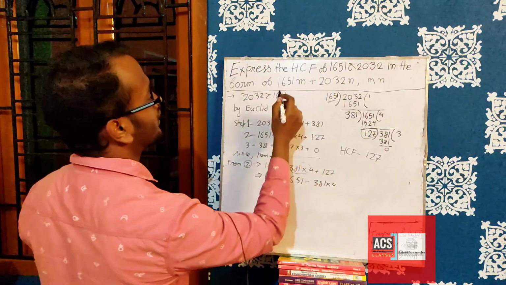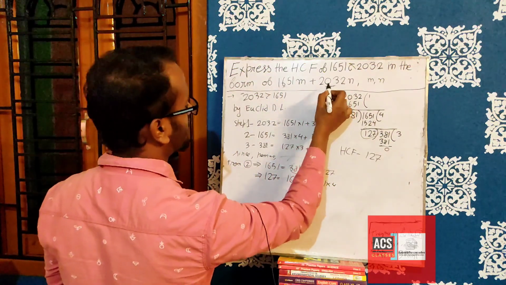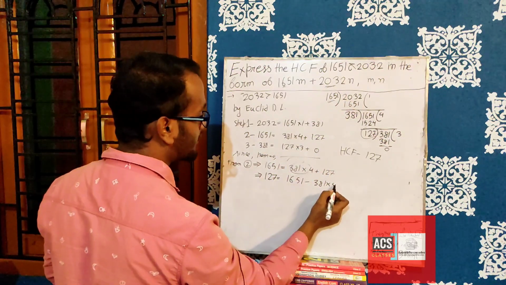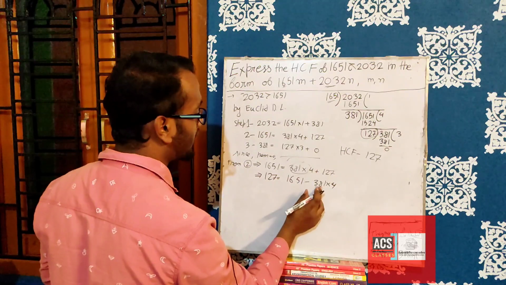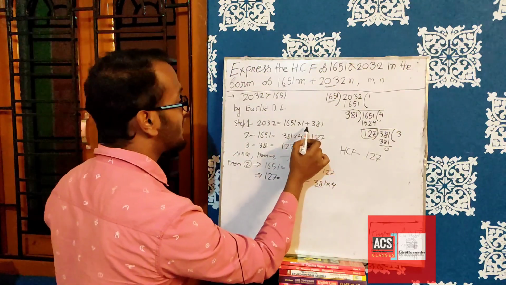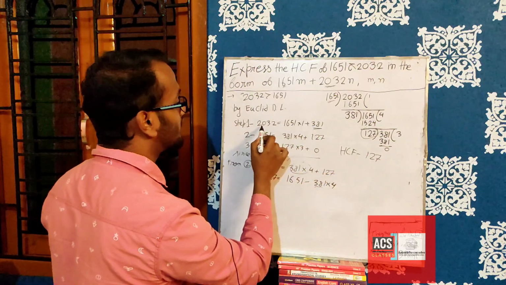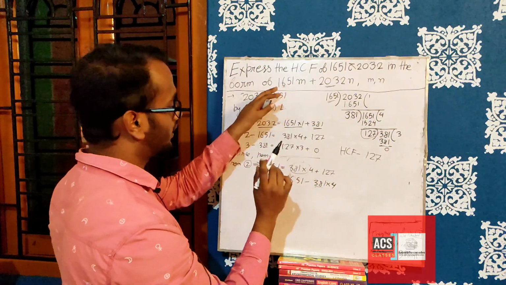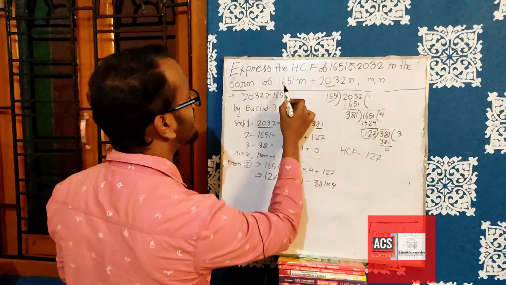Now check in the question, 1651 and 2032. They have told us to use these two terms. But here we are having 381, another term. But see in equation 1, we can write 381 as this one minus this one, because we have to keep the equation in this format.